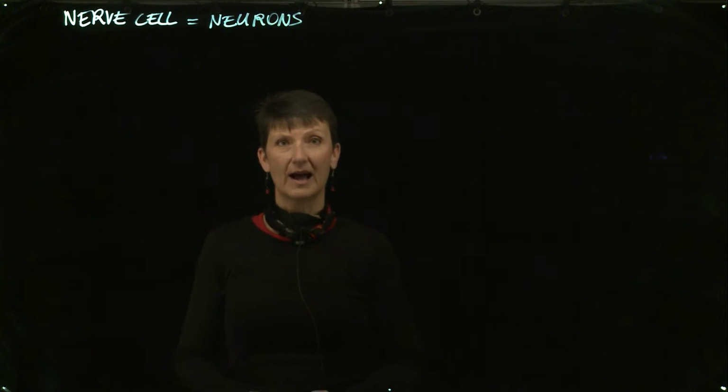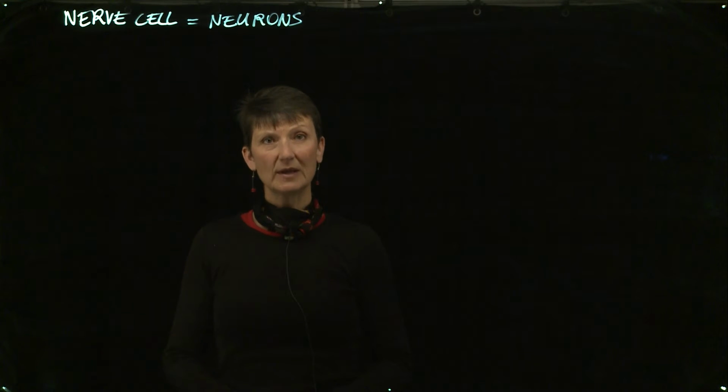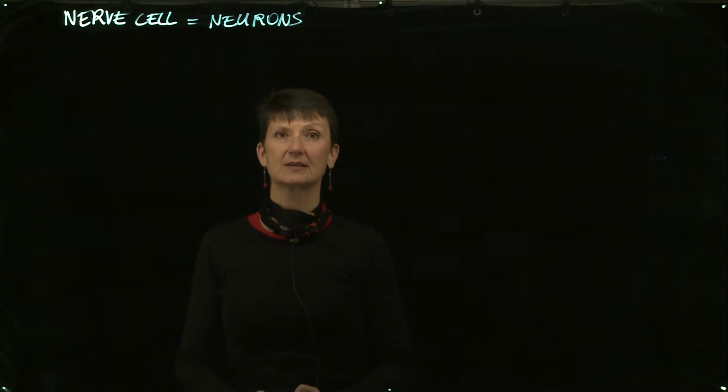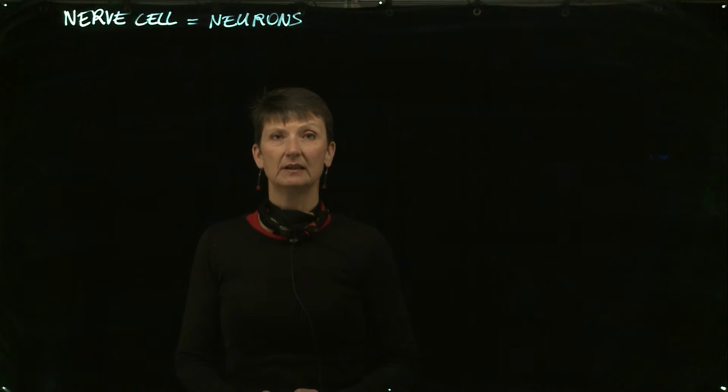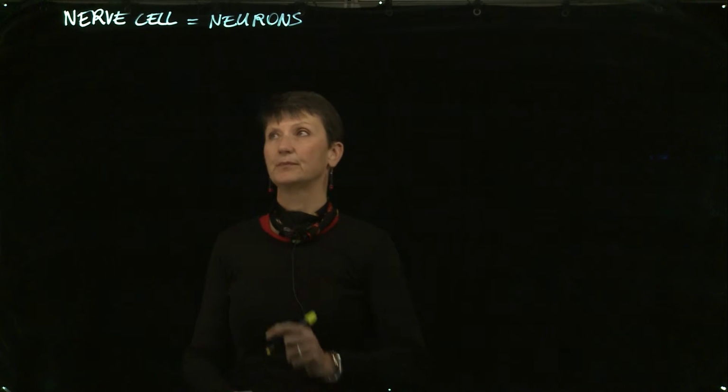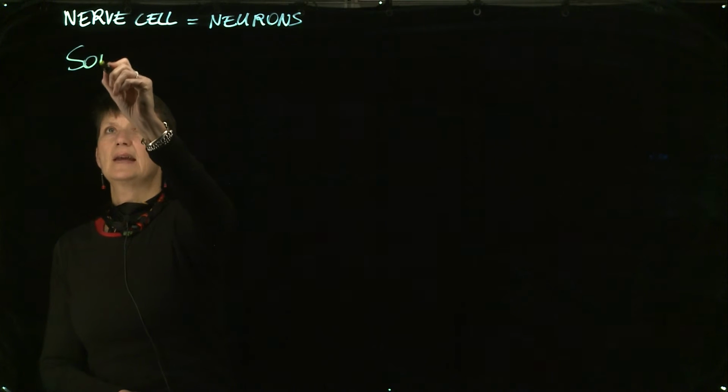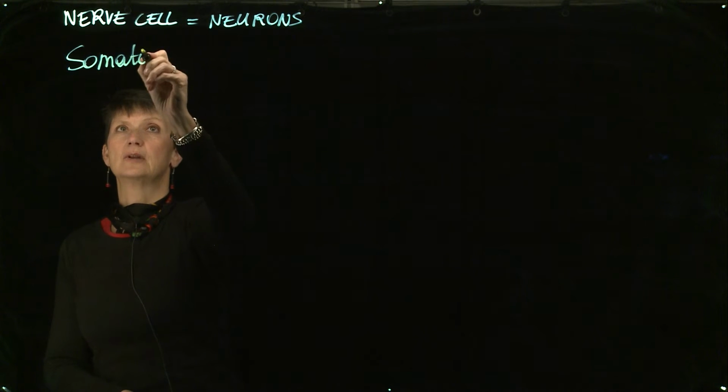Now, there are all kinds of neurons, but the ones that innervate the skeletal muscle cells belong to the somatic nervous system, more specifically the somatic motor nervous system. And so these neurons that innervate the skeletal muscles are called somatic motor neurons. And they have a typical look to them.